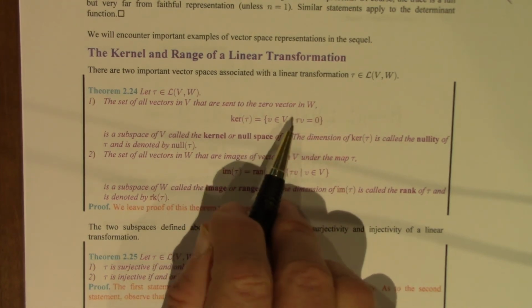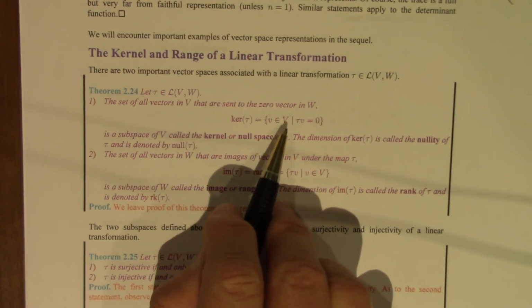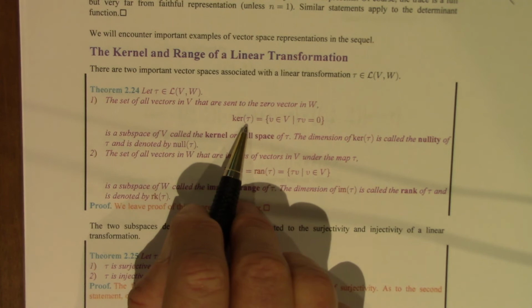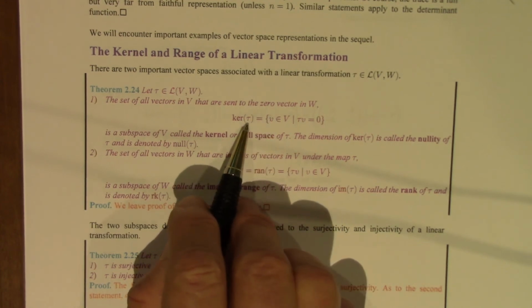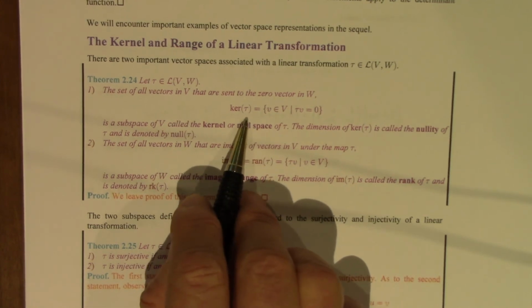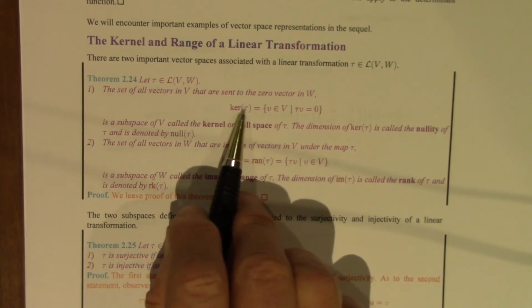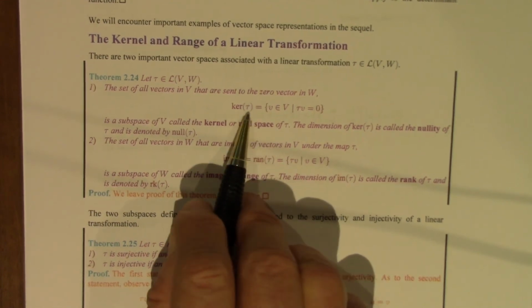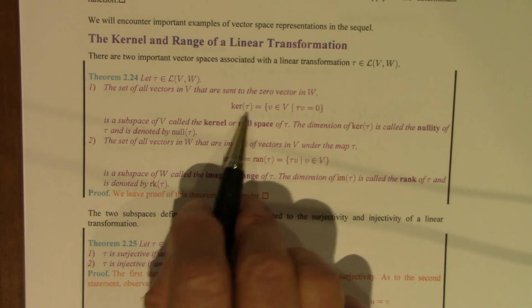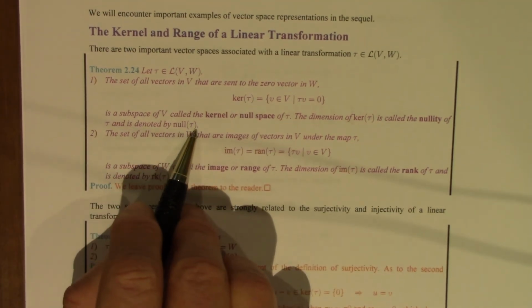This is a subspace of V called the kernel of tau, written K-E-R of tau, also called the null space of tau. The dimension of the kernel is called the nullity of tau, and I'll denote that by null of tau.